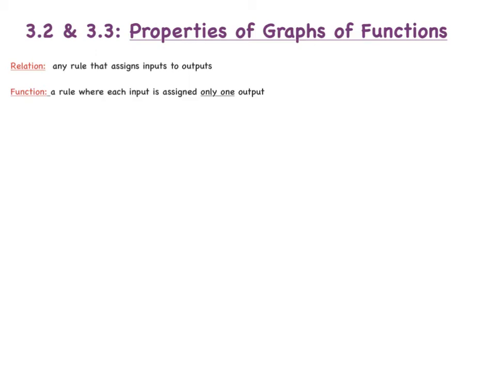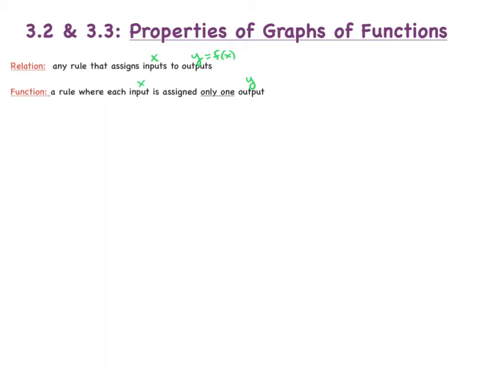Remember, inputs, when we're talking about this class, are the x values and outputs are the y values, or now we know, f of x values. And a function is a specific type of rule where each input, or each x value, is assigned only one y value or one f of x value.